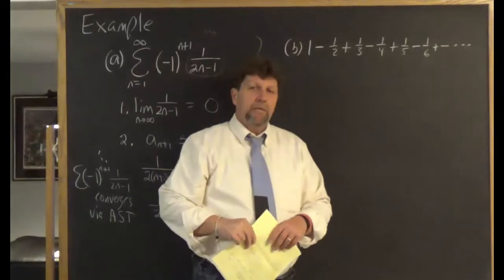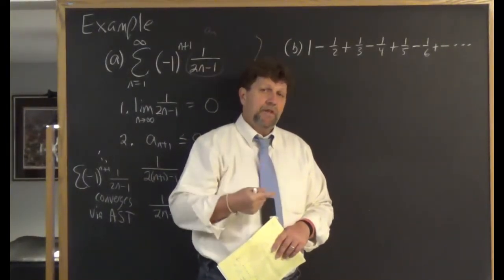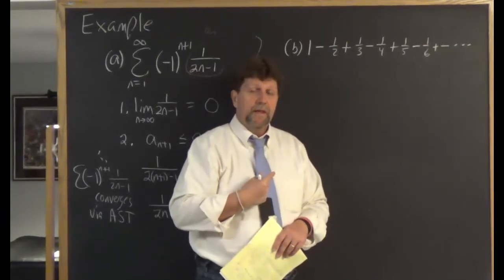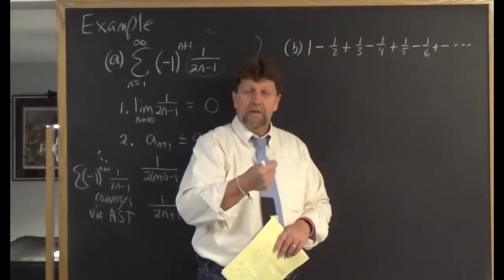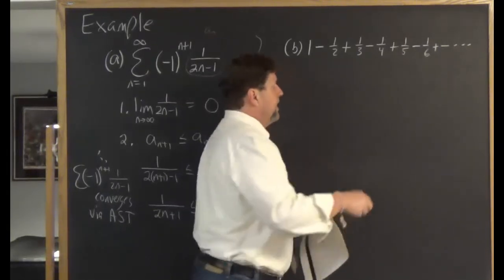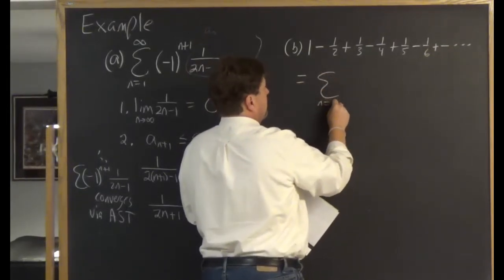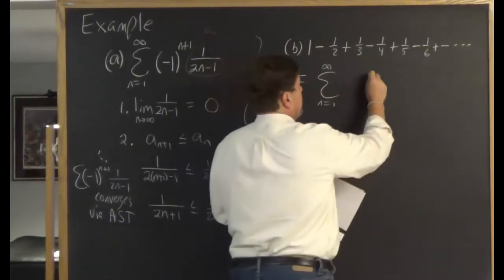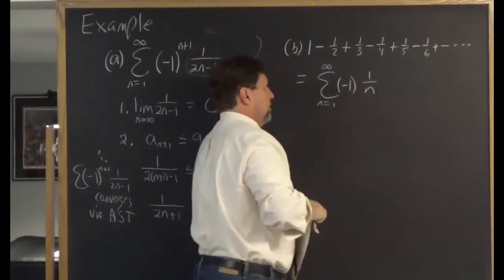So let's go check out part B. Our first task in part B is to rewrite this in sigma notation. As I mentioned on the slide, this series is nothing more than the harmonic series, but with alternating signs. So this is the alternating harmonic series. We know the harmonic series is 1 over n. What's the exponent going to be?